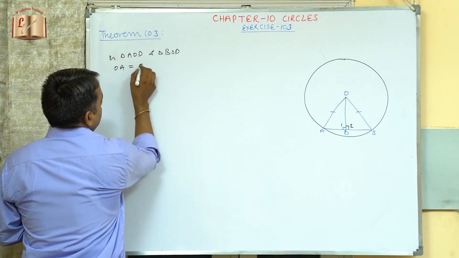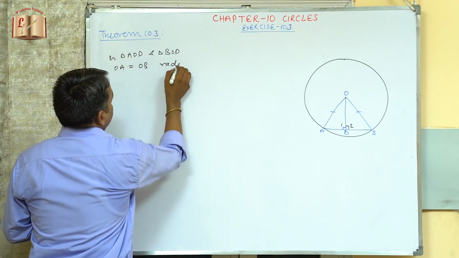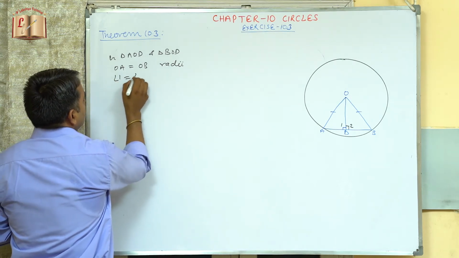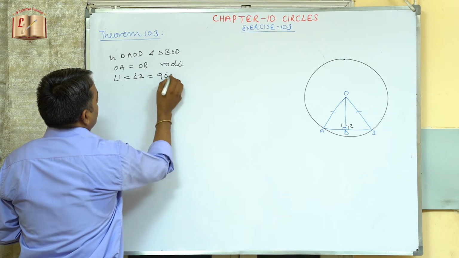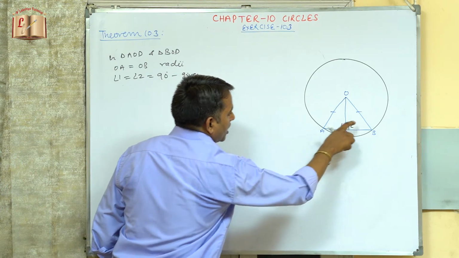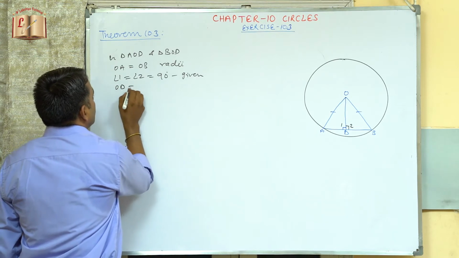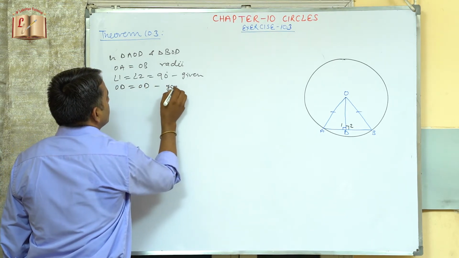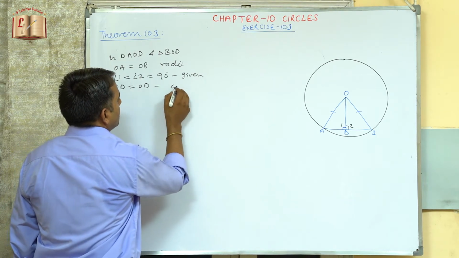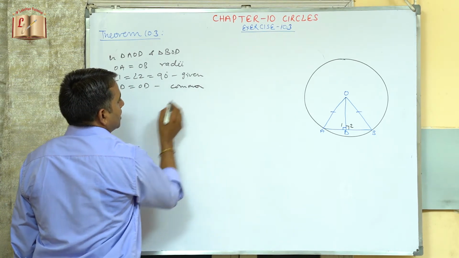OA is equal to OB, these are the radii, and angle 1 is equal to angle 2 equals 90 degrees. So this is already given to us. And OD is equal to OD, this is common.